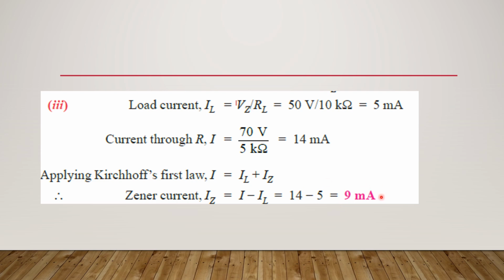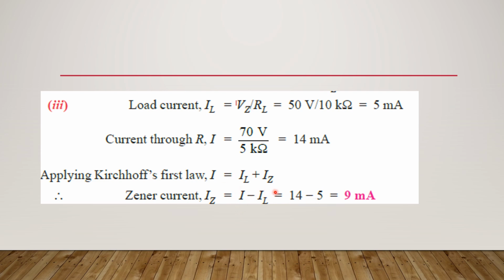Okay. So this is about the Zener current, or your output current, or current through the Zener diode. Current through the Zener diode is given to be total current minus load current.